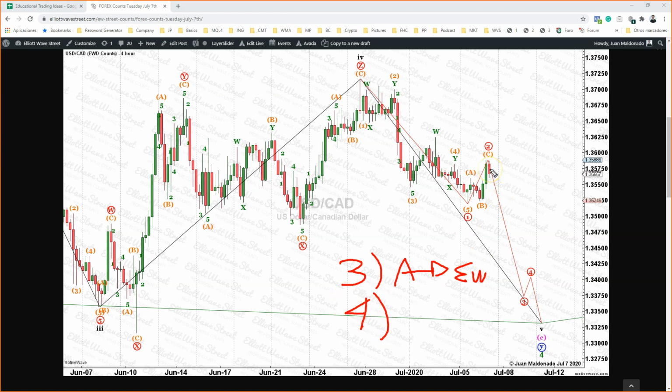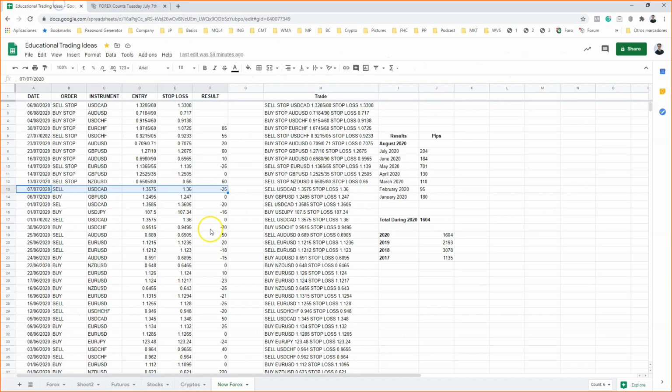And sometimes these kind of things can happen. All right? And now we are here on the live market. That's the short trade that I just took. So you can see with Elliott wave, we can plan in advance our trades. And that's wonderful, right?